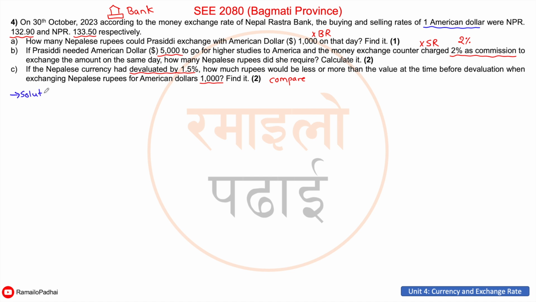Solution. A. So they are asking us to find how many Nepalese rupees Prasiddhi could exchange for 1000 American dollar.